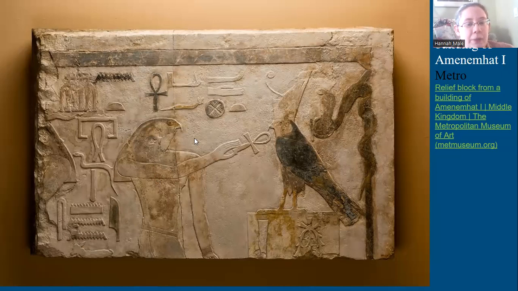But again, this gives you a sense of the types of decoration that were once on a lot of these buildings and is now in the Metropolitan. And this has some of the original color still left, so like here and then a little bit here. But this, when it was in situ, in the original building, would have been much more striking than it appears now.